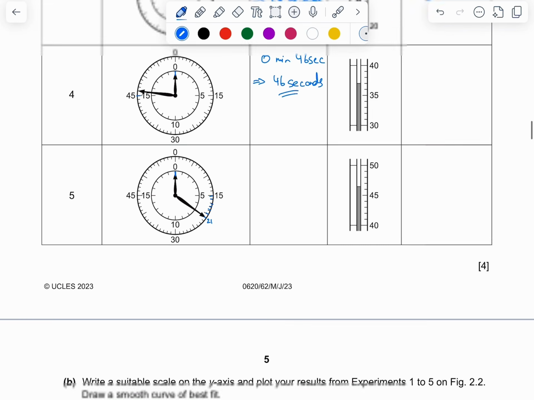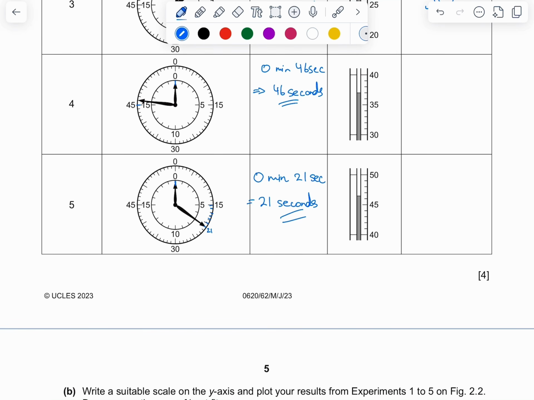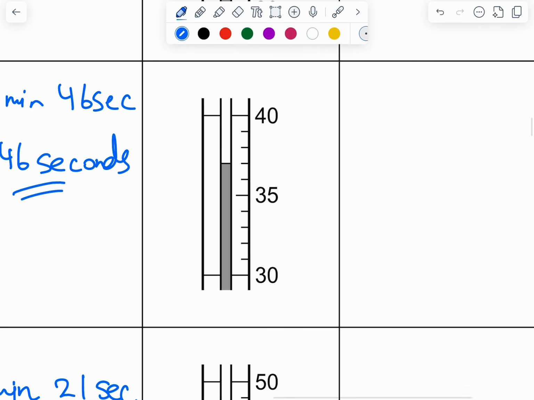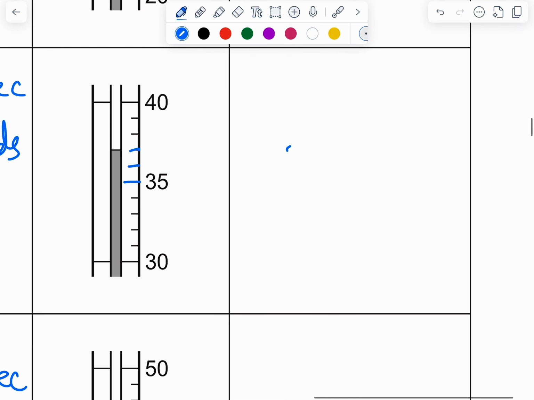So it is 21, right? So this one is 0 minutes 21 seconds. This one is 21 seconds. Okay, so what would be this temperature? 35, 36, 37. So this one would be 37 degrees.